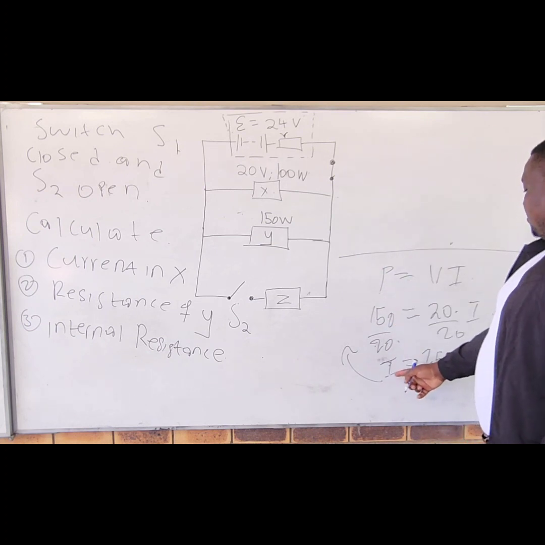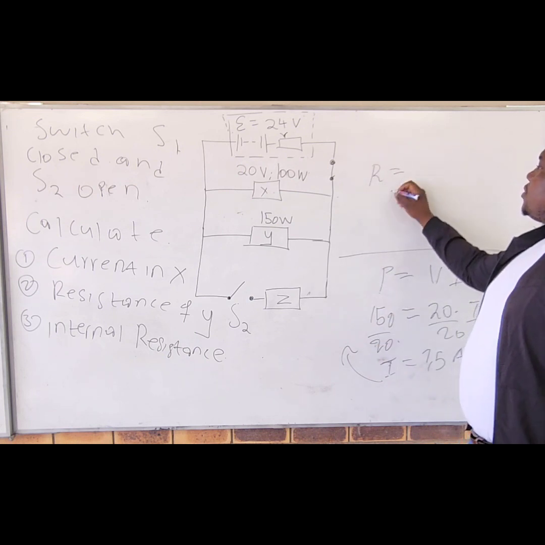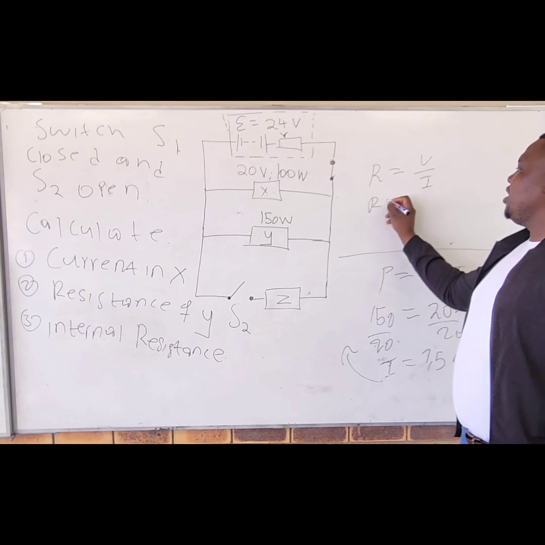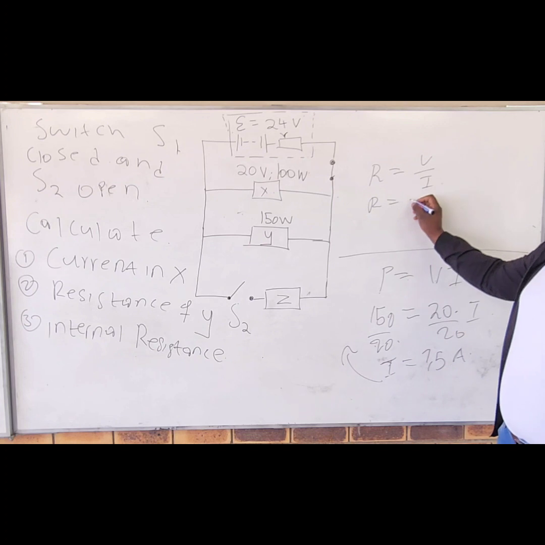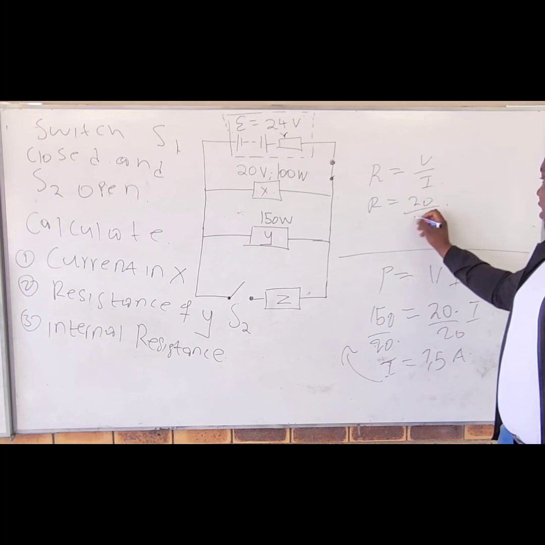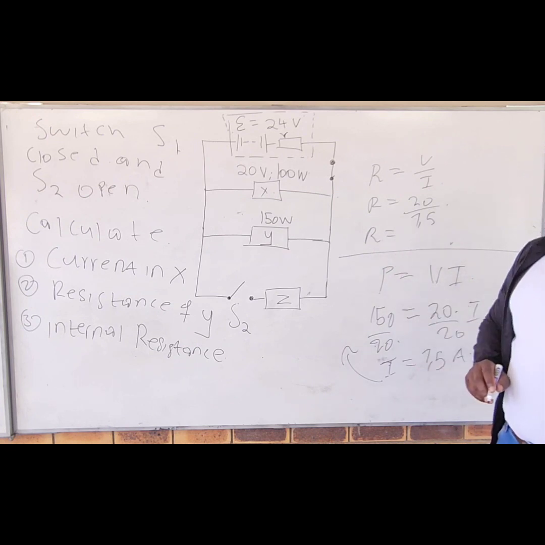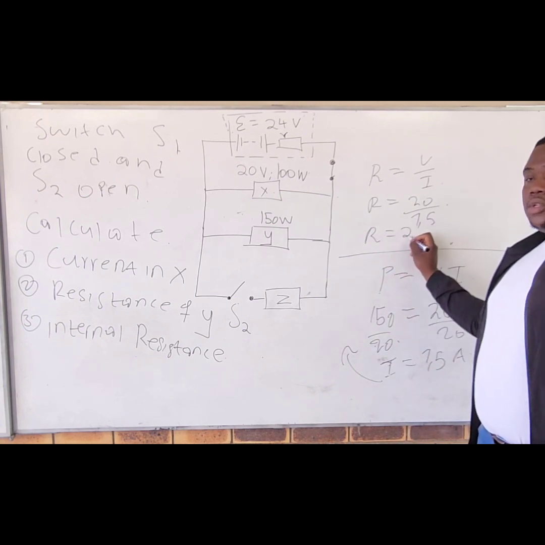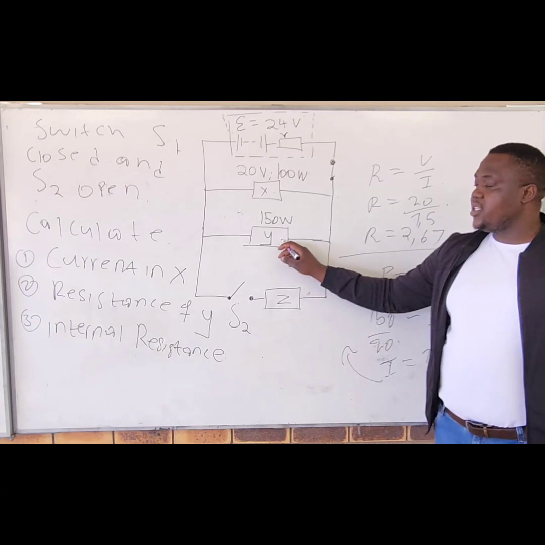So we have the current and the voltage. You can say resistance is V over I, right? I don't need to use the power because we already have the voltage. So we can say R is 20 over 7.5, which gives us 2.67. So it means the resistance that is here is how much?